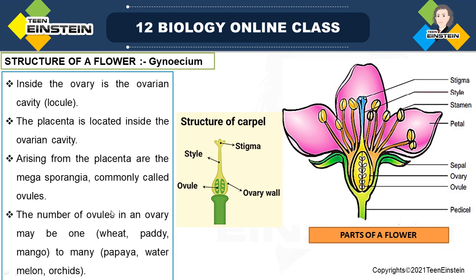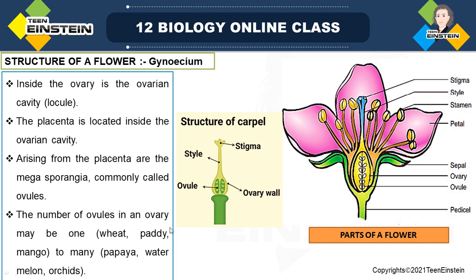Ovules or megasporangia. And the number of ovules in an ovary may be 1. In the case of wheat, paddy, mango, the number of ovules in an ovary is 1. But in the case of papaya, watermelon, orchid, you can see many ovules in an ovary.